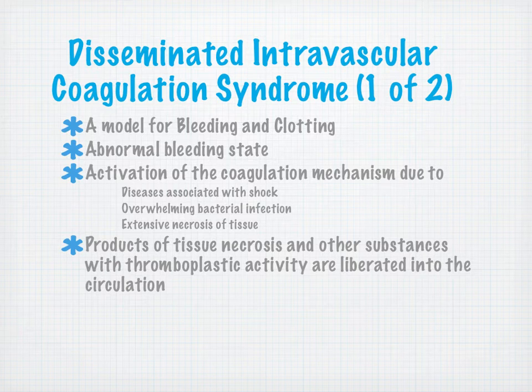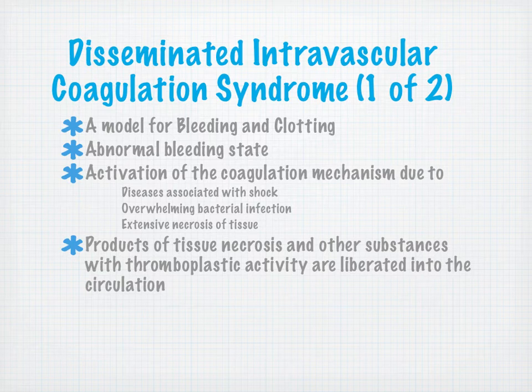It's an abnormal bleeding state, and you have an activation of the coagulation mechanism due to some disease associated with shock, some overwhelming bacterial infection, or some extensive necrosis of the tissue. So you end up with all of this activation of coagulation factors throughout the blood, and the products of tissue necrosis and other substances that have thromboplastic activity get liberated into circulation.